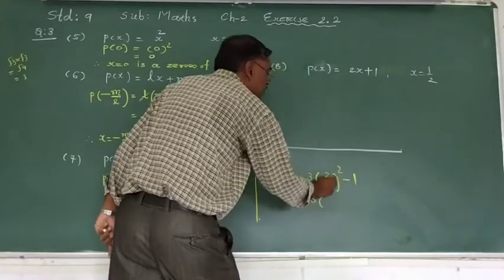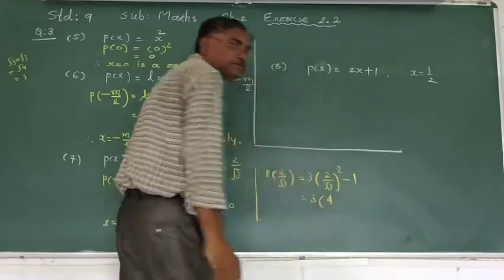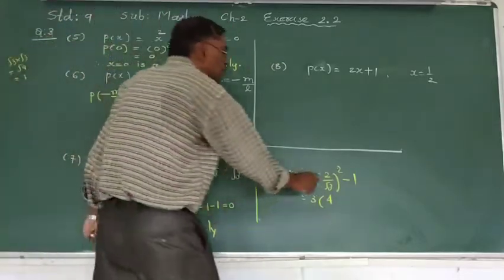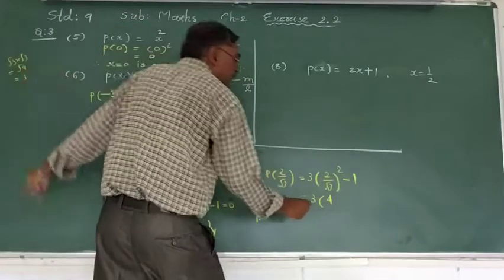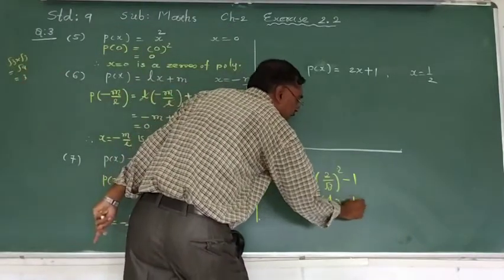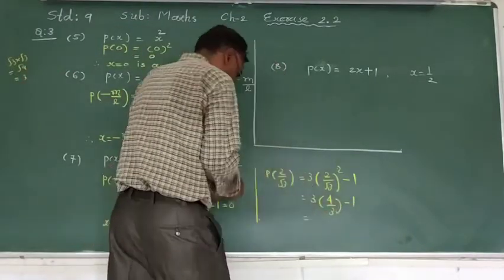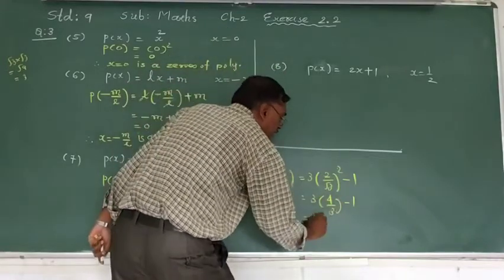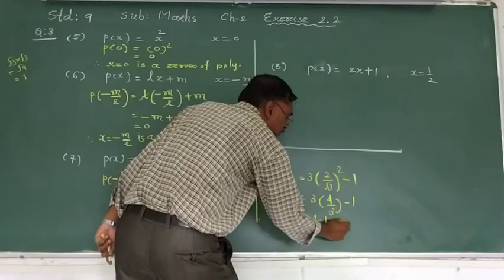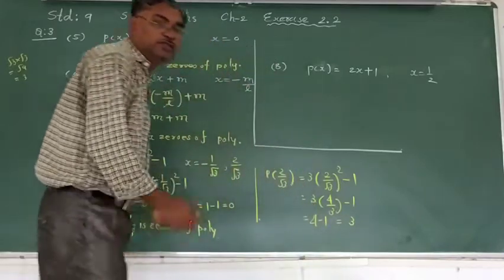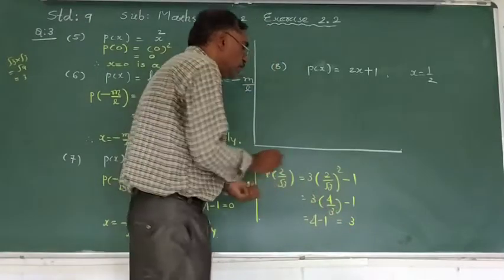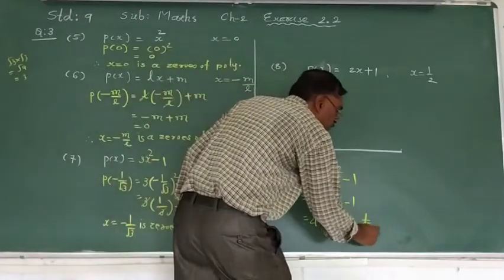So 2 square is 4, 2 multiply 2, 2 times 2 means 4. Root 3 square is 3, so 3 times 4 upon 3 minus 1. Now this 3 will be cut. What do we have now? 4 minus 1, which equals 3. We obtain 3 here, not 0.